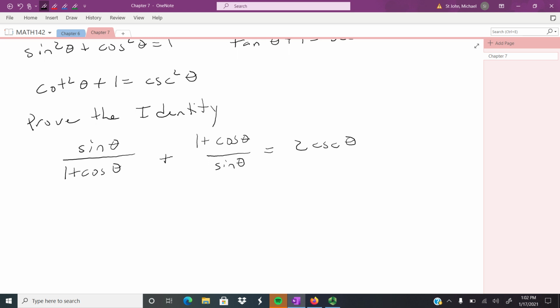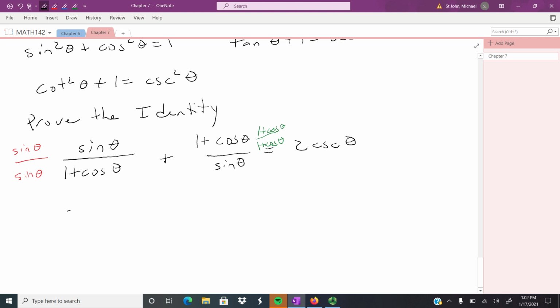Well, we have fractions on the left, and so in order to add fractions, we need to have a common denominator. So this one, I'm going to multiply by sine theta over sine theta. And then the other one, I'm going to multiply top and bottom by 1 plus cosine theta over 1 plus cosine theta. So if I do that, what do I get?